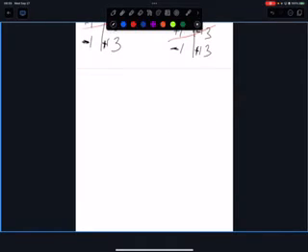Chapter 16.1, quadratic equations. Yes, page 361. You have to draw the quadratic equation.